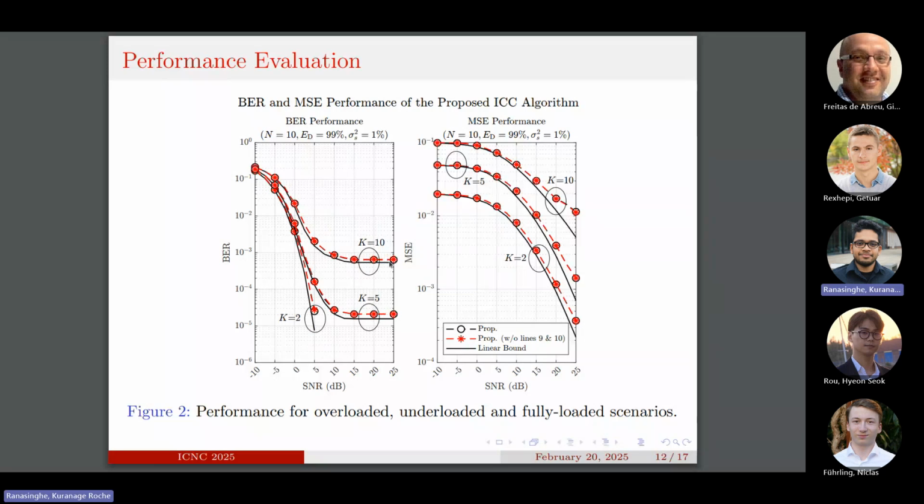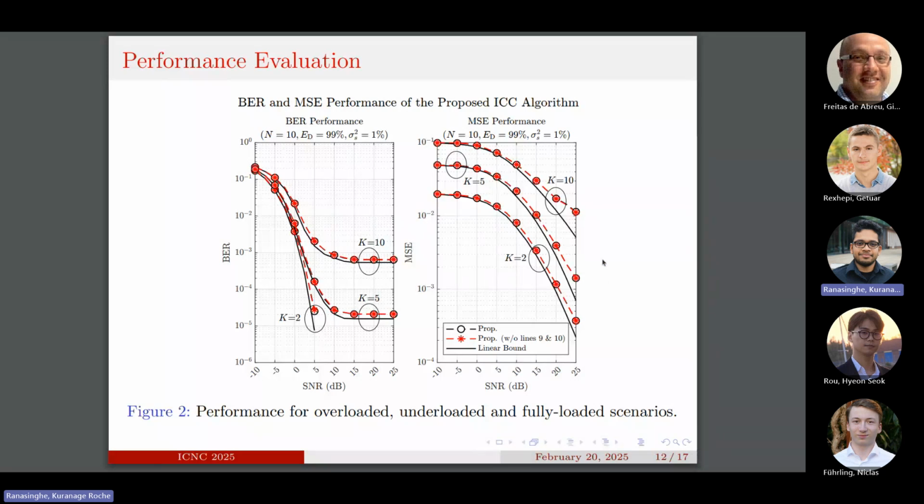For k equals 5 and k equals 10, as you can see, as the number of variables grows, there's going to be some error floor to be seen, because if you remember from the algorithm, although we have only 10 observation nodes, we actually are estimating 20 variables here when k is equal to 10. So this is actually an overloaded system.